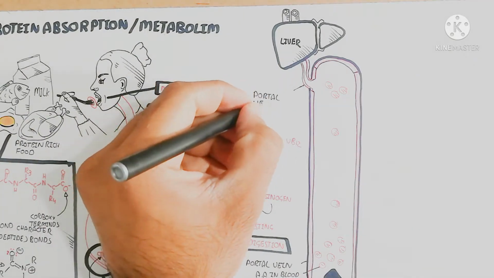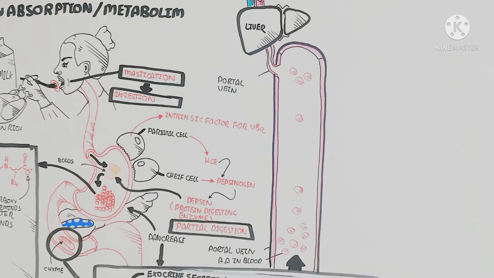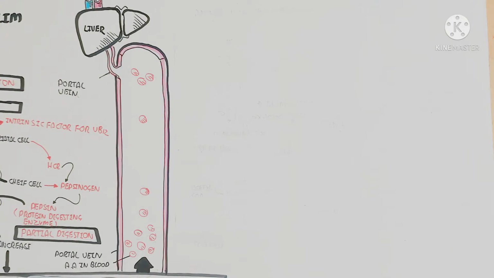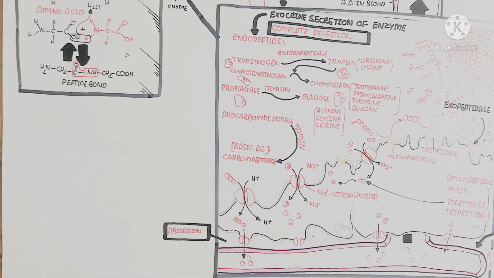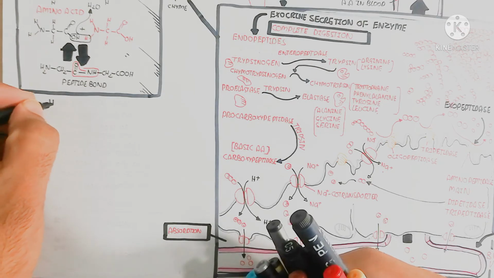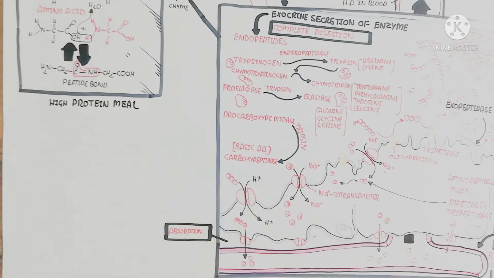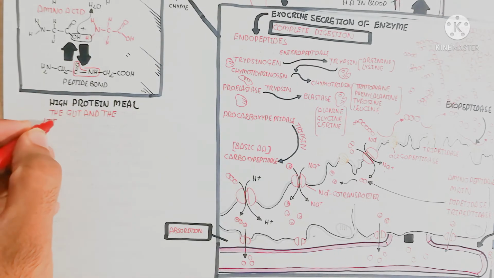So the liver contains hepatocytes. I am zooming in on the hepatocyte cell. For example, here is the hepatocyte. First of all, I want to talk about a high protein meal. During a high protein diet, the gut and the liver utilize most of the absorbed amino acids. So in this way, more absorption of amino acid means more utilization as compared to sugar.